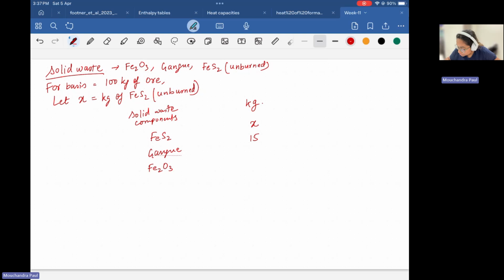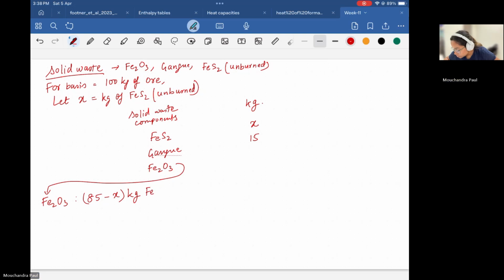So how do we calculate this? Let me do it here. If X kg of FeS2 is unburned, how much kg of FeS2 is burned then? In the ore there was 85 kg minus x. So 85 minus x is the kg of FeS2 burned.